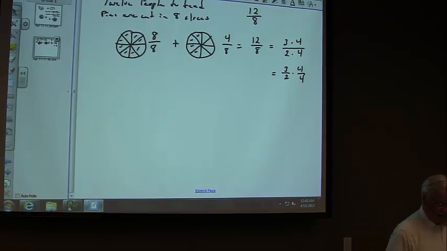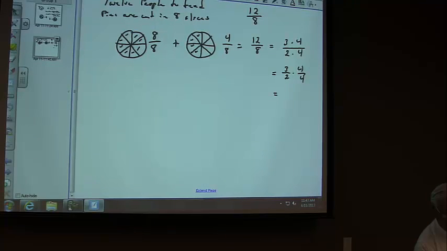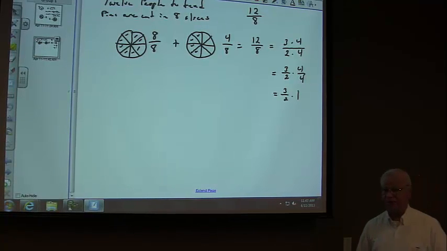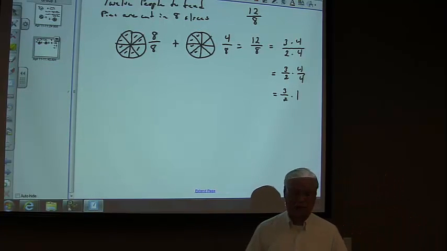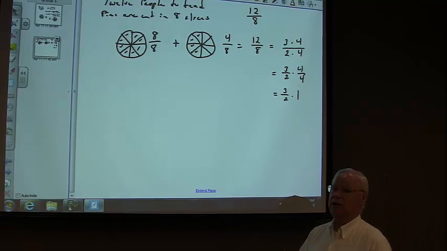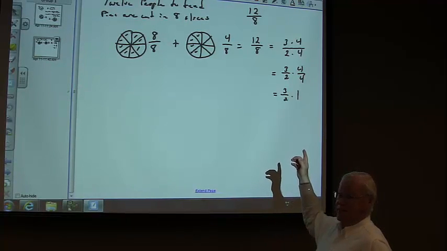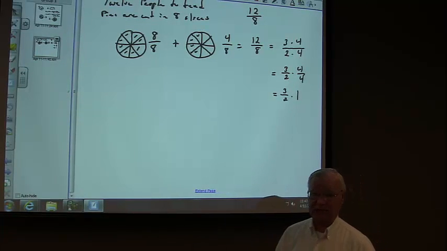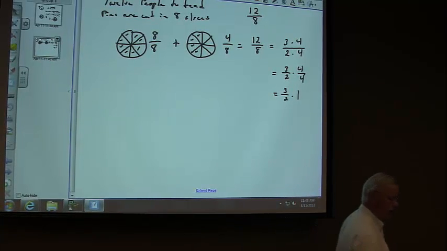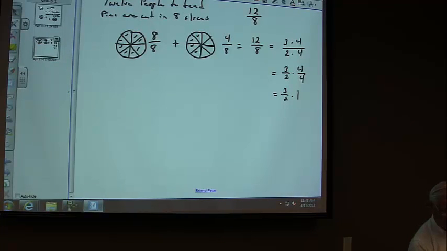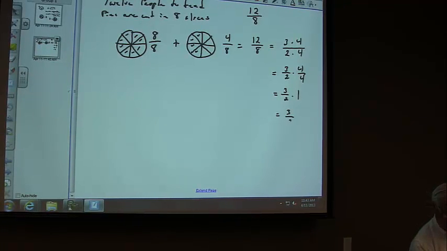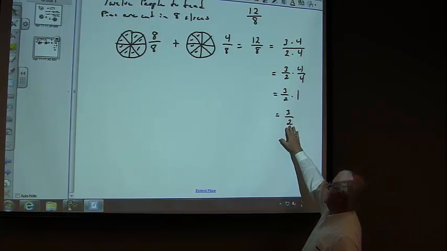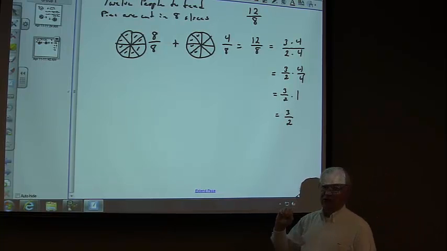So I can say that's really 3/2 times 1. And from the basics of math that I did for you in a previous video, you know that when you multiply something by its identity, 1, you keep the identity of the original fraction or value. So that really equals 3/2.